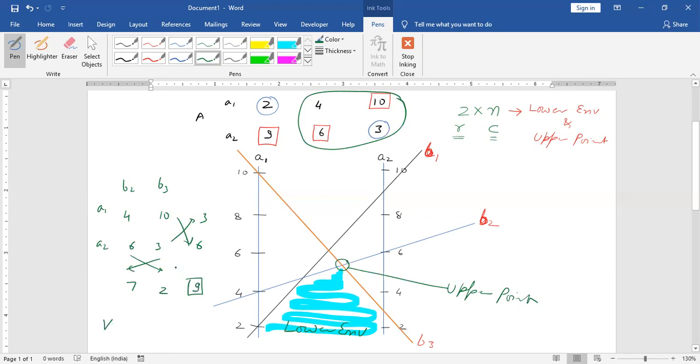So V is equal to 10 into 3 plus 3 into 6, that is 48 divided by 9, which is 5.33. So 5.33 is the answer. If you are using graph paper, you can easily see the value of the game is 5.33.